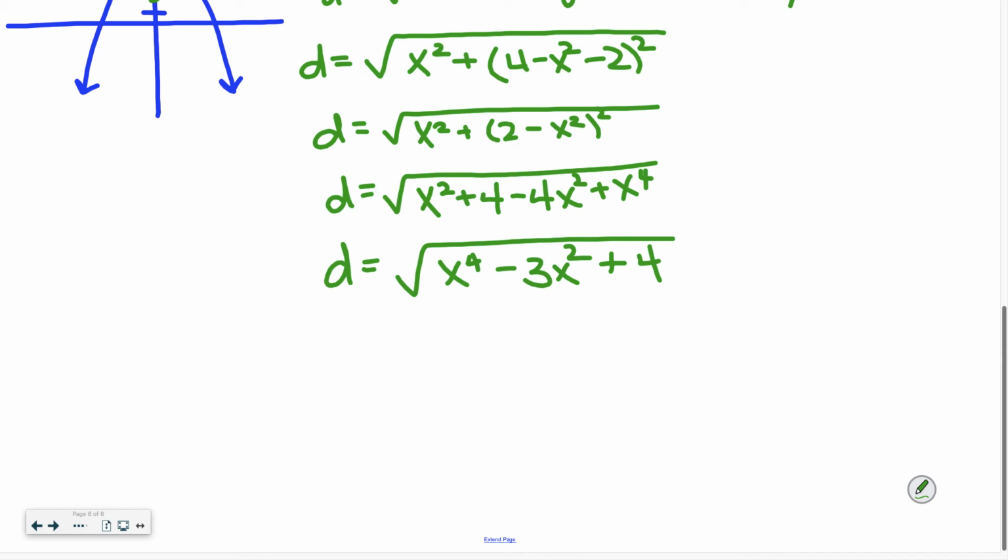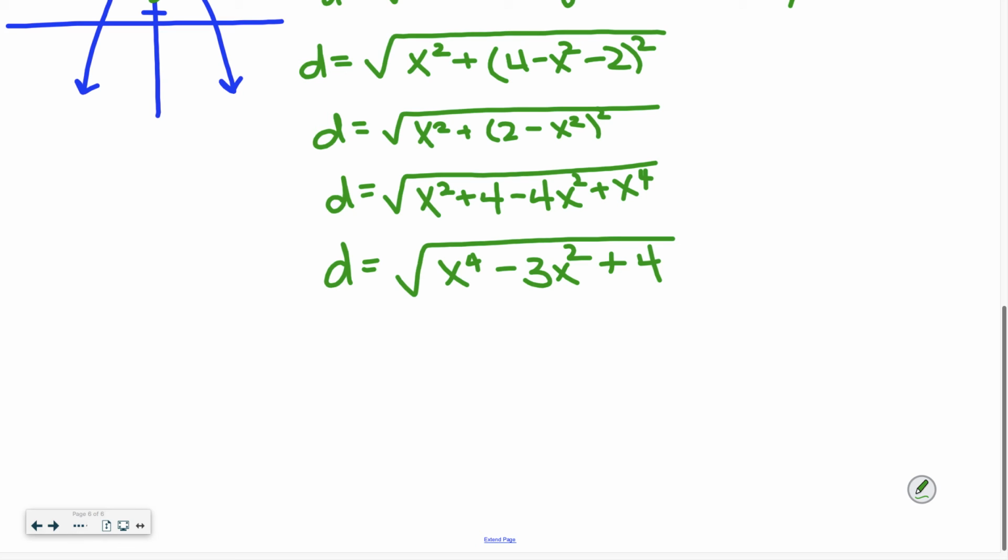Now, if I asked you to do the first derivative test on this equation, you would have to take the derivative of that radical and use the chain rule, right? Let's think about this. If I am minimizing a square root, isn't it really the inside that we want to minimize? Because when we take the square root of it, it's still going to be small.